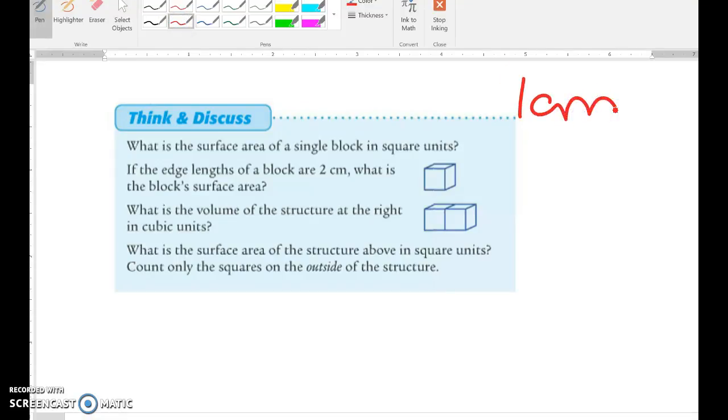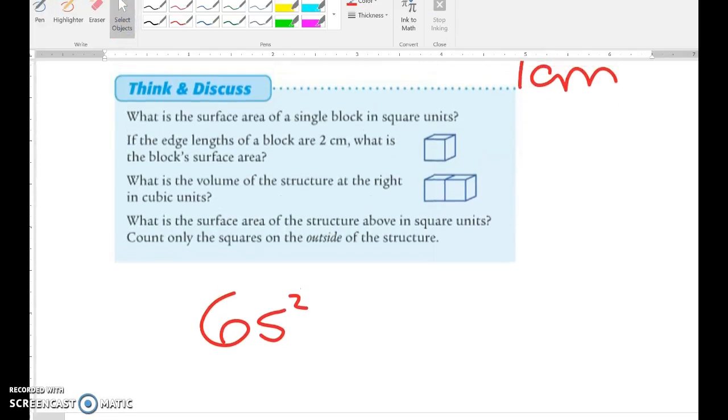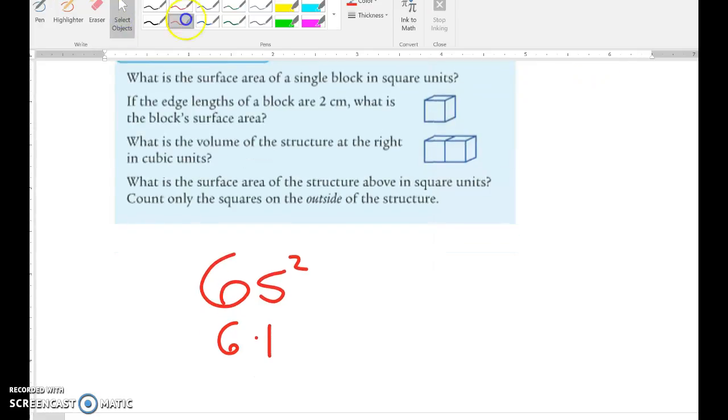Well, we know that the surface area of a cube is 6s squared, right? We've seen that before. Well, if s is 1, then the surface area of a single block where the side length is 1 is 6 times 1 times 1, which is just 6 square centimeters or 6 square units, right?